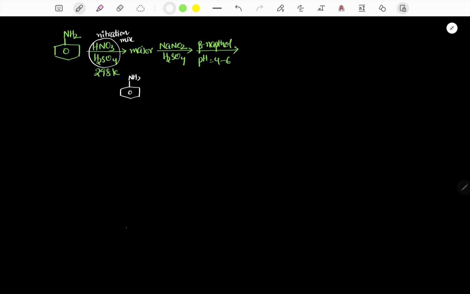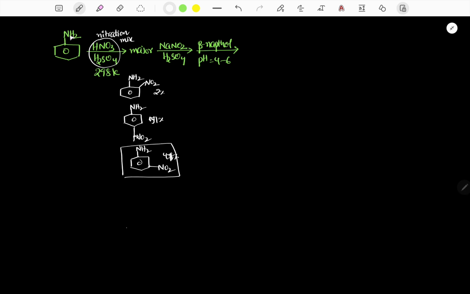One is the OP directing ortho derivative, only 2%, para derivative nearly 51%, and meta derivative 47%. So here we are getting meta in a significant amount.